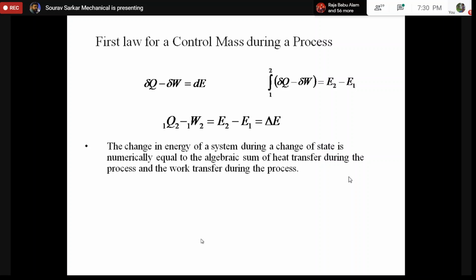As you are becoming engineers, whenever someone asks you the statement of the first law, you will say that for a cyclic process, the net heat transfer is equal to the net work transfer. You are not going to say the previous statement that energy cannot be created. That one is more of a gross statement, but it is more generic. That statement you can apply anywhere.